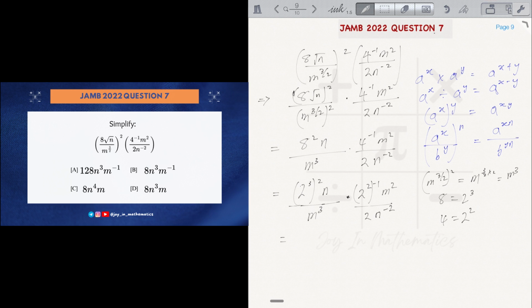So applying this principle again, the power law, 2 raised to the power 3 raised to the power 2 will be equal to 2 raised to the power 3 times 2, which is 2 raised to the power of 6.